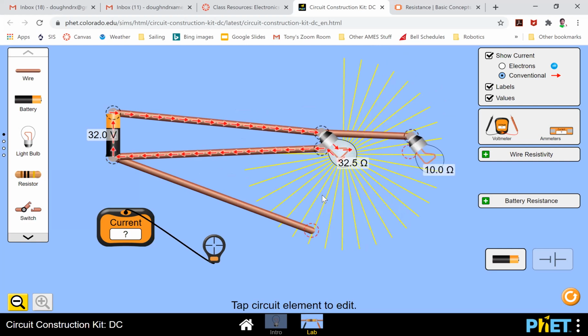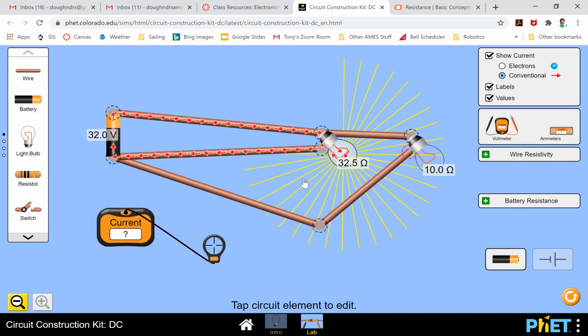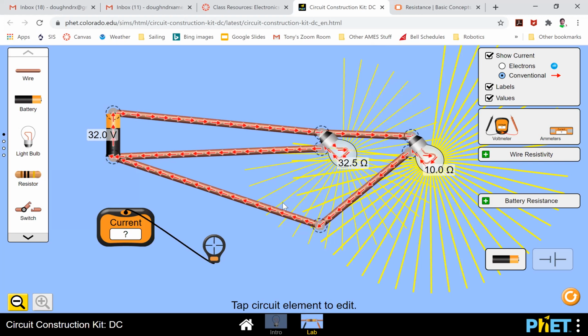Okay, so I'm going to bring in a wire here. Now you see I've got two loops in my circuit.